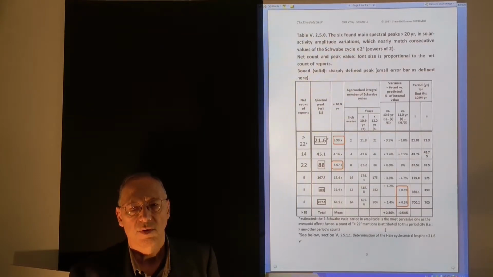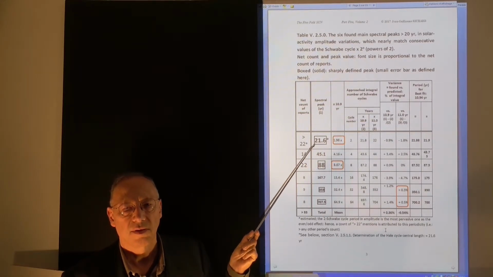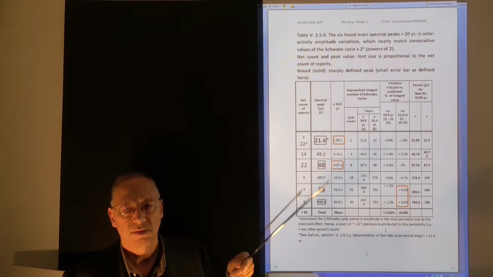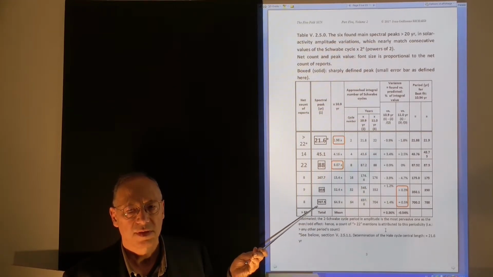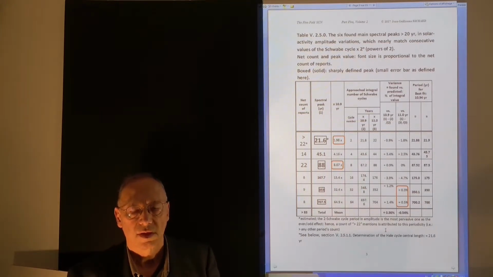You see here a table on which the component periods which compose this suggested sequence are put together, starting here with the Hale cycle estimated at 21.6 years, ending with a period of 707 years, which is also found as a sharply determined oscillation length in the spectral data that were introduced in the previous video together with the methodology to arrive at the detection of such peaks.